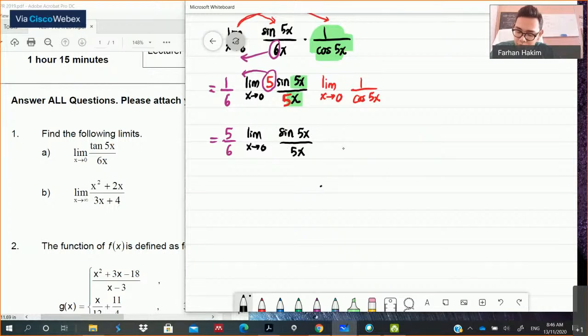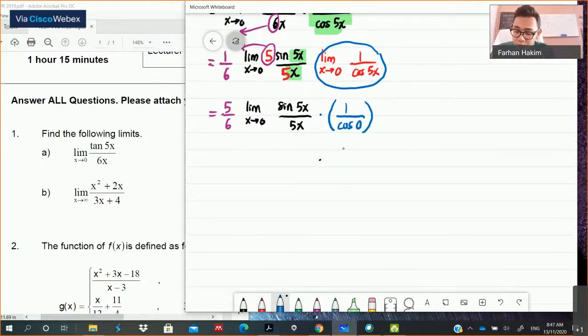For this part, we substitute the value of x with 0. So we'll have 1 over cos 0. Bear in mind that cos 0 is 1, so 1 over 1 will be 1. So this side will become 1.